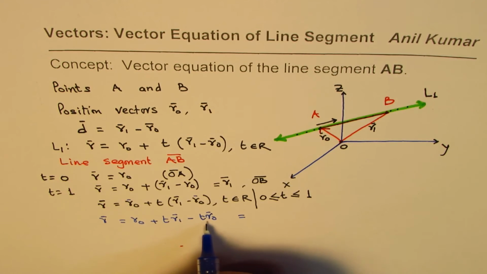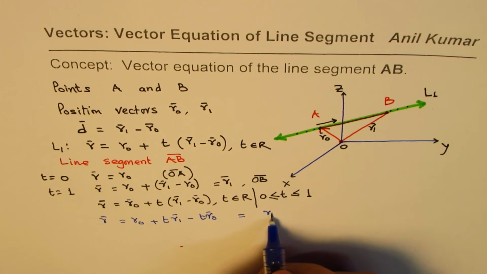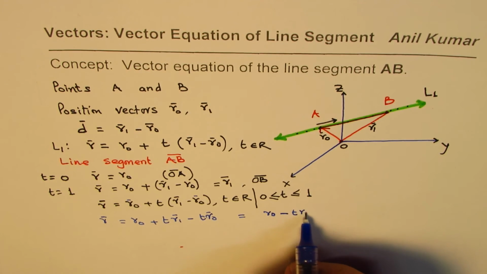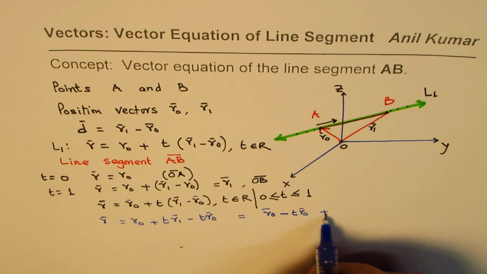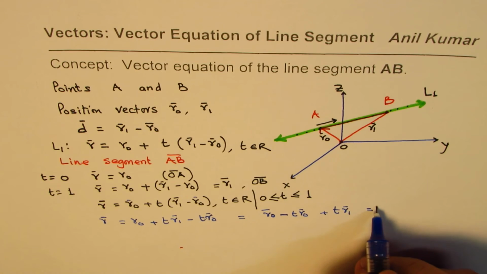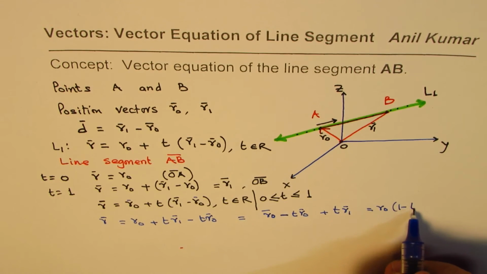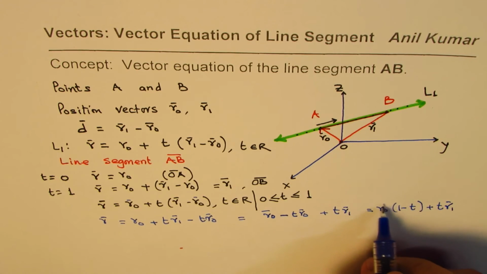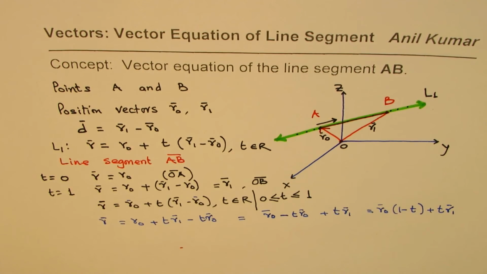So we can write this as r0 minus t r0 plus t r1. If I take r0 common, I get r0 times 1 minus t, plus t r1, right? So this is another way of writing the same equation.